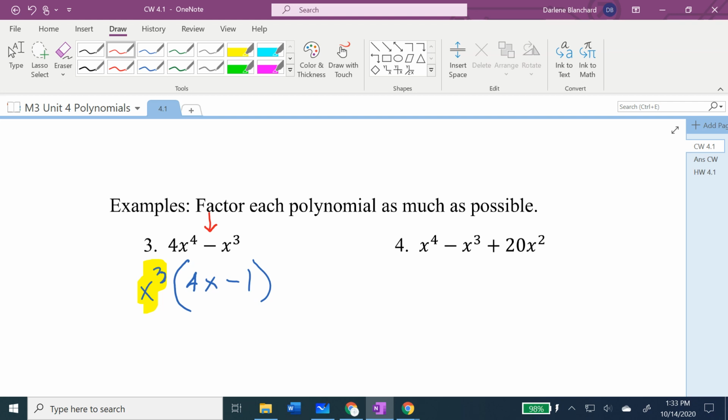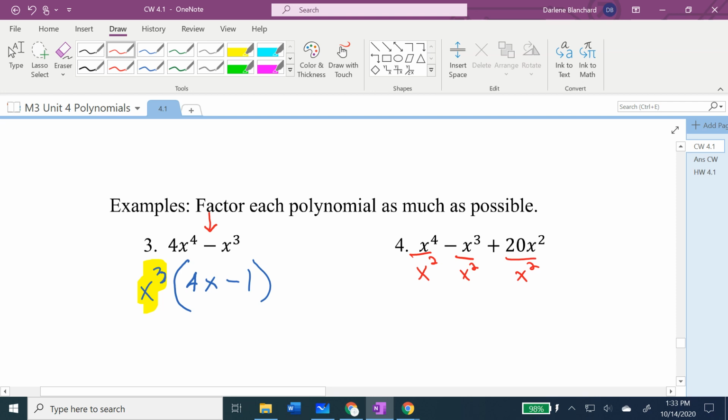So let's take a look. Do you see something that will divide all 3 of these? And I'm looking at chat. Do you see something that will divide all 3 of them? And by that, do you mean x squared? X squared can divide all 3 of these terms.